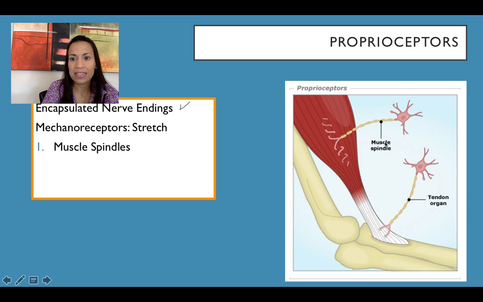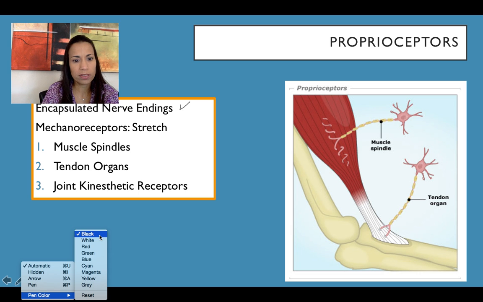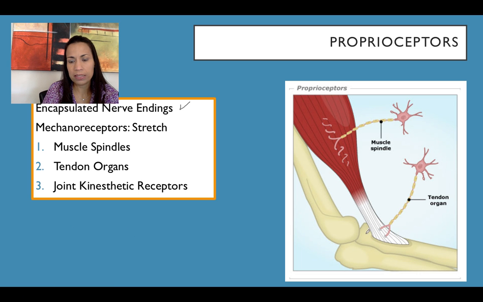We have the muscle spindles located on the skeletal muscles. We have the tendon organs located on the tendons, and we have the joint kinesthetic receptors that are located on the joints. Okay, so this is the elbow joint. These receptors, the joint kinesthetic receptors, are located on the capsule of the joint, and they detect stretching.